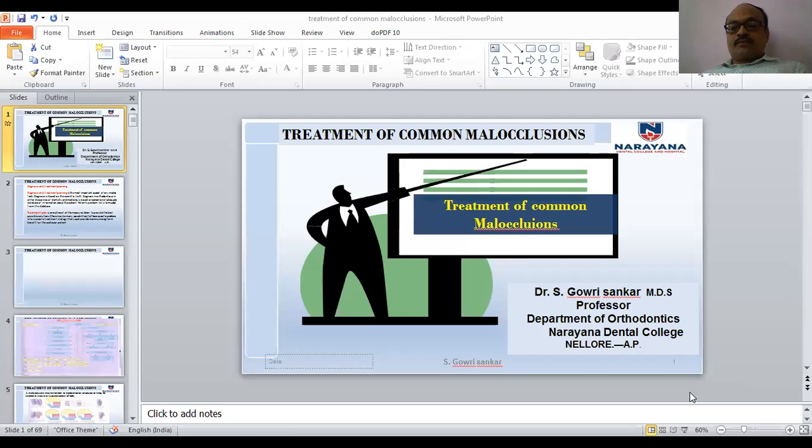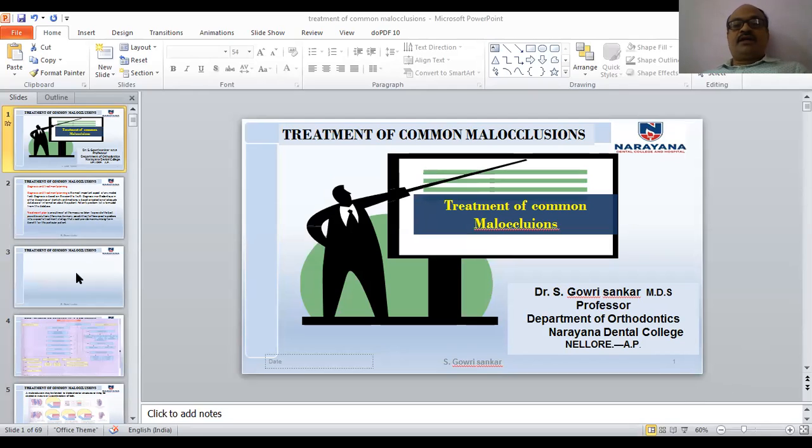Good morning, everybody. Now we are going to discuss the treatment plan of different malocclusions. We have seen in our earlier classes what a malocclusion is and what the different types of malocclusions are. Now we are going to discuss the treatment of these common malocclusions.